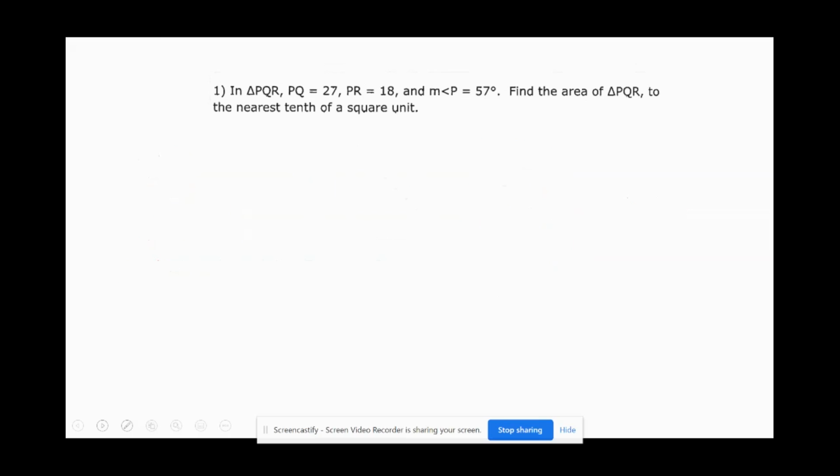We have triangle PQR. Now, I have no clue if triangle PQR is a right triangle. I'm going to draw this up. All I know from the given information is PQ is 27, PR is 18, and I have an angle of 57 degrees.